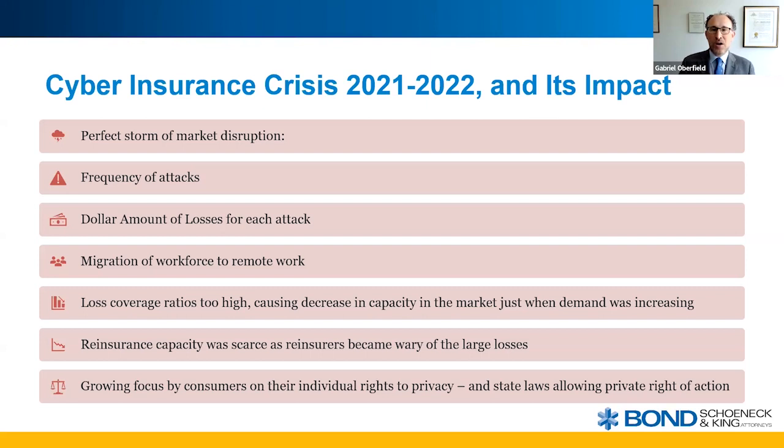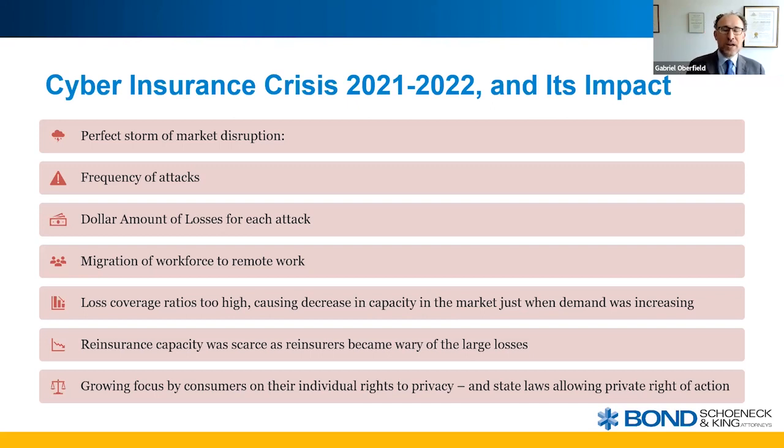We also saw many individuals migrating to work from home in a somewhat spontaneous fashion, given the profound nature of disruption that we saw due to the pandemic. We also saw that insurers were having trouble keeping up. Loss coverage ratios and issues there were a major problem.